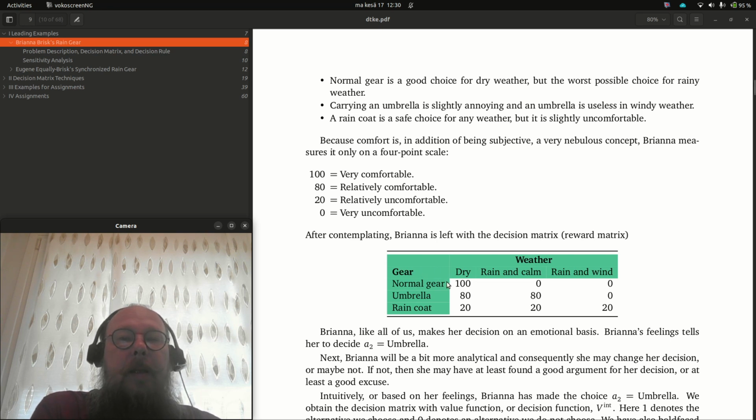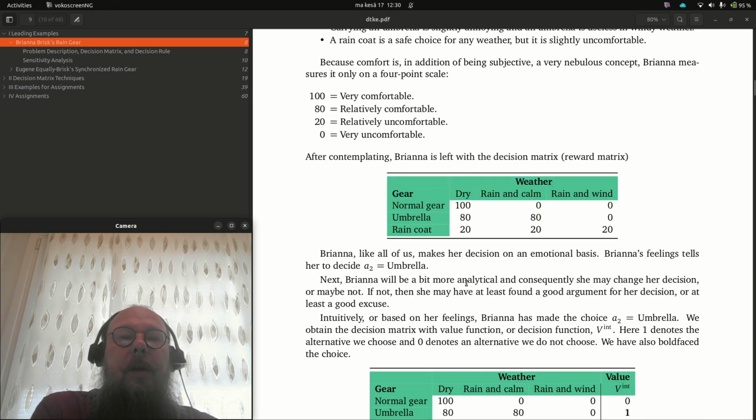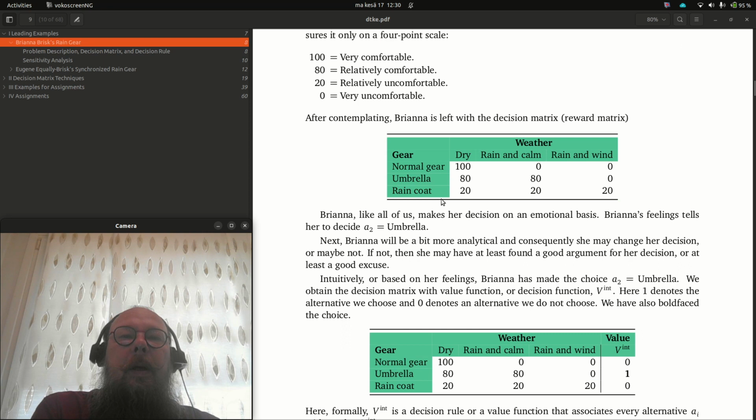And here it is. So let's read out loud what kind of decision matrix we have. Normal gear and the comfort it gives for dry weather is the best possible, 100, but for rain, either calm and rain or rain and wind, it gives 0 comfort, so it's a very bad choice when it rains.